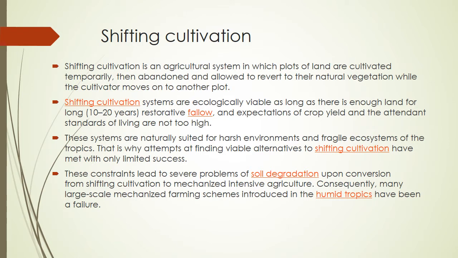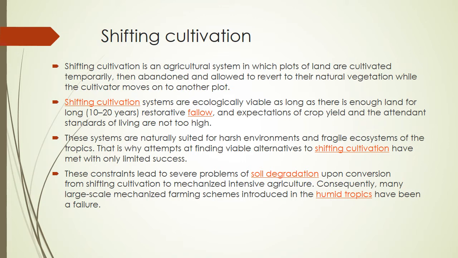These systems are naturally suited for harsh environments and the fragile ecosystem of the tropics. That is why attempts at finding viable alternatives to shifting cultivation have met with only limited success. So wherever the environment or climatic conditions are harsh, or the ecosystem is fragile, or the soil is not good, at that particular place this type of cultivation is done.